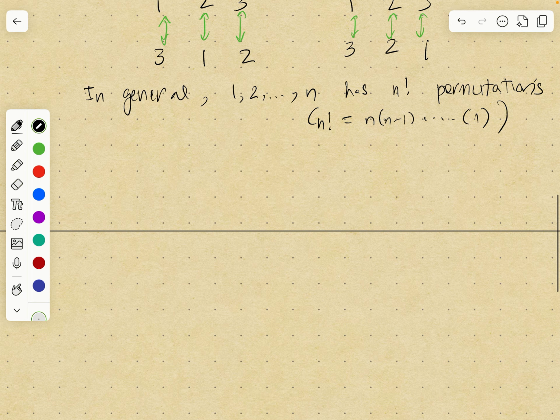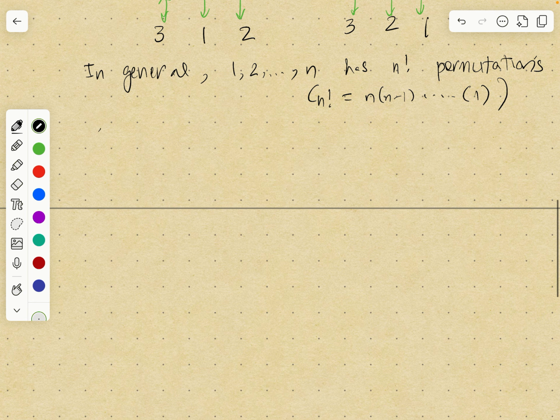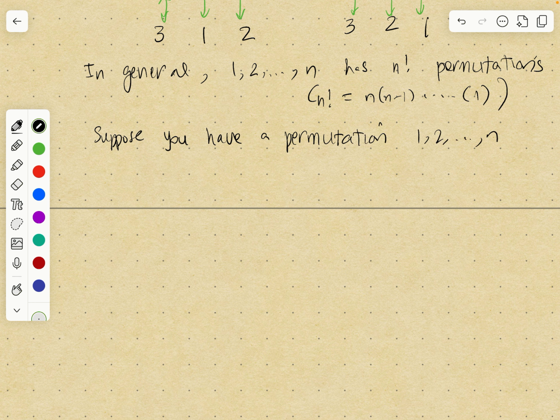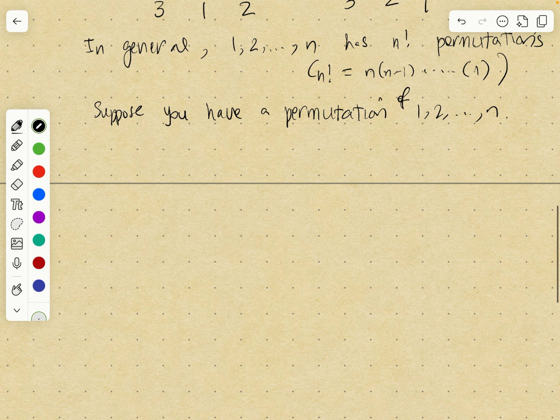Okay, now let's say that you have a permutation. So suppose that you have a permutation of 1 up to n. So let's say your permutation is j1 through jn. So your j1 is where your 1 goes, your jn is where your n goes.